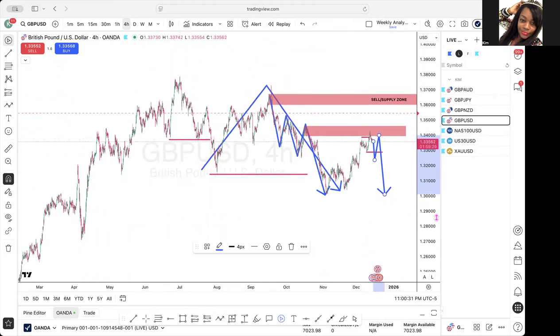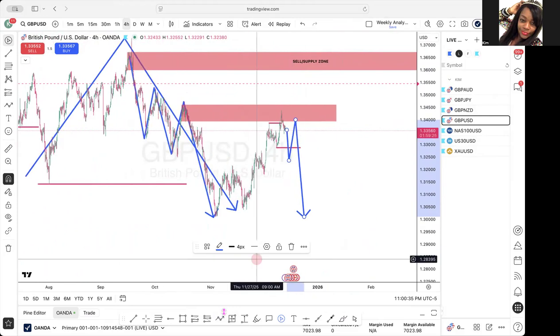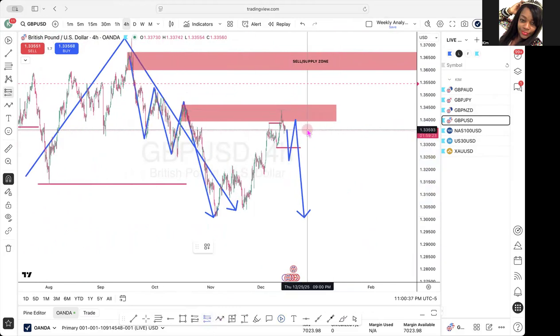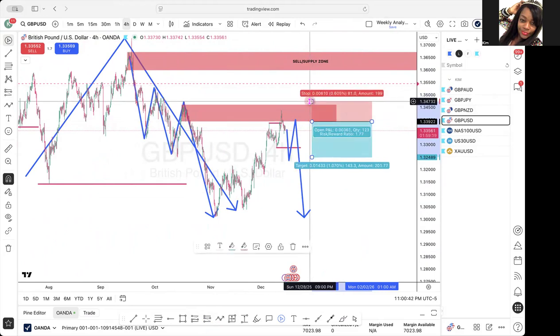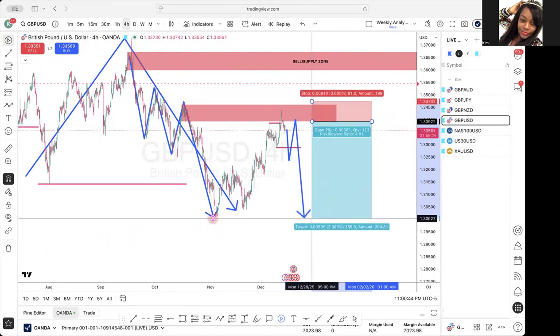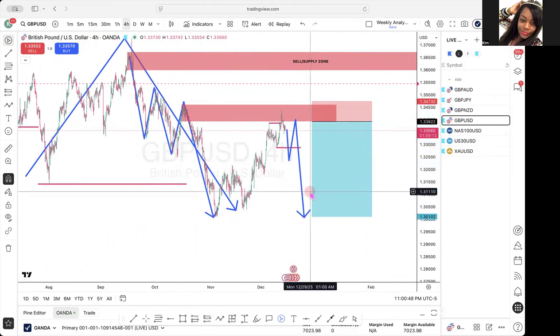Okay. So if price is going to shift structure and you mark up your supply zone, then we're talking approximately 382 pips.